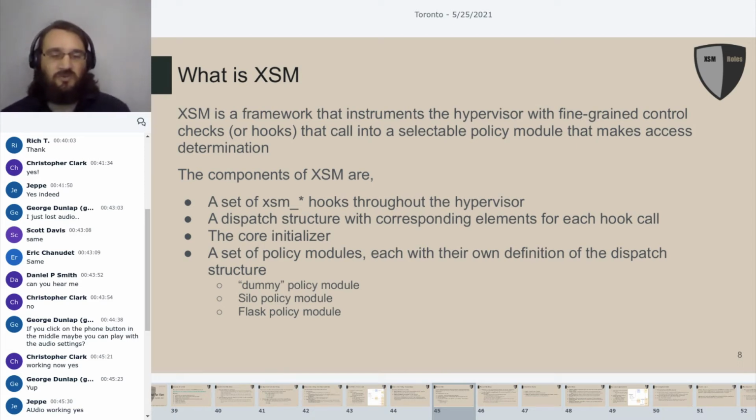When these hooks are called for the dummy policy, they're called into a dispatch structure to get you into that hook call. And then the XSM initializer is just something that helps set all this up for you. And then you have the policy modules. I'm highly focused on the dummy policy because that's what we're actually involving here, as well as the SILO. But each of these has its own hooks into it.